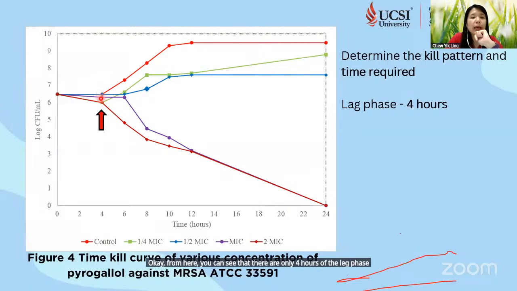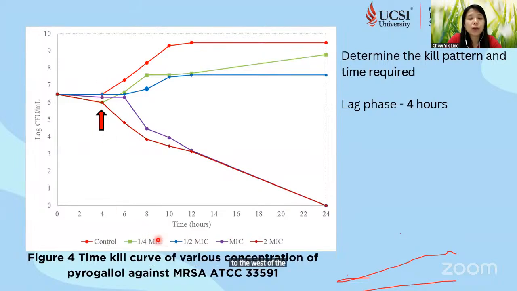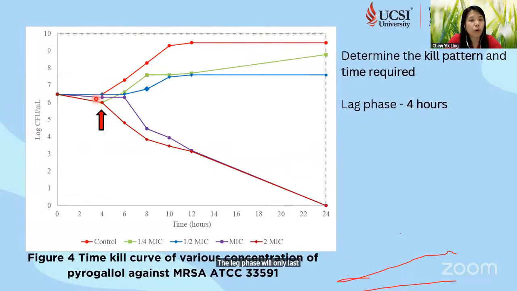The same thing actually happens to the rest of the dosages that we treated with pyrogallol. Regardless of whether it has been treated with quarter MIC, half MIC, MIC, or double MIC, the lag phase will only last for about 4 hours.